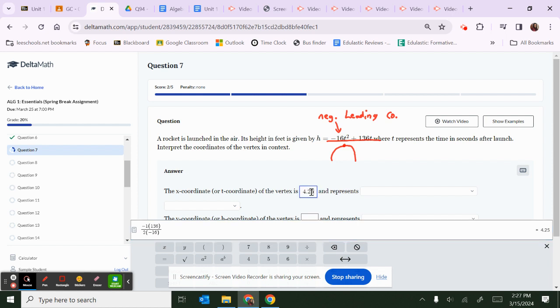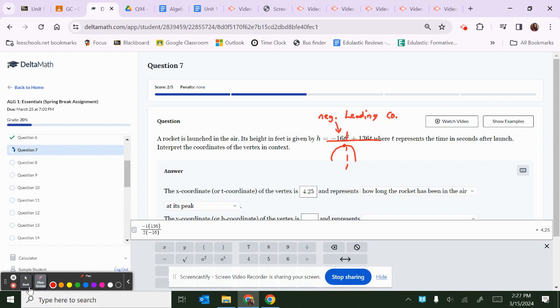So 4.25 would represent how long, because time is how long, I'll be at my peak, because the top of that mountain or the top of that vertex is your peak. All right. So what you just calculated, guys, was the time, or the axis of symmetry, cutting this in half. All right. So that's what we just found: how much time it takes me to get to right here.